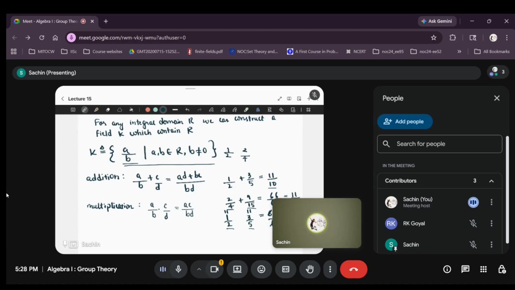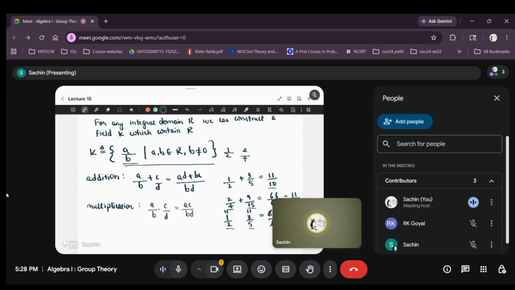It's the same fraction of something, right? Half of something is the same as 2/4 of something, which is the same as 3/6 of something. So we want these things to be equal, and in rational numbers they are equal. We do say that half is equal to 2 by 4.